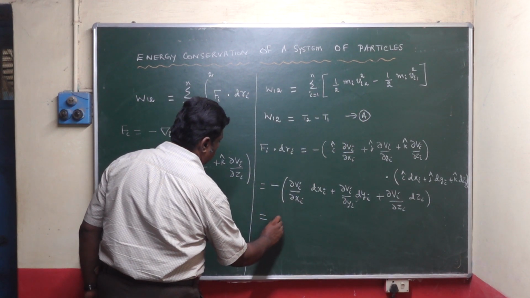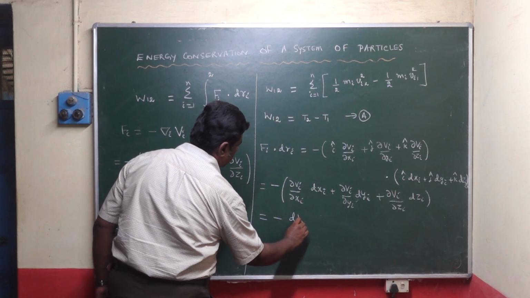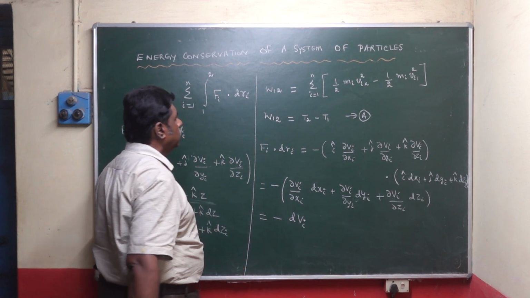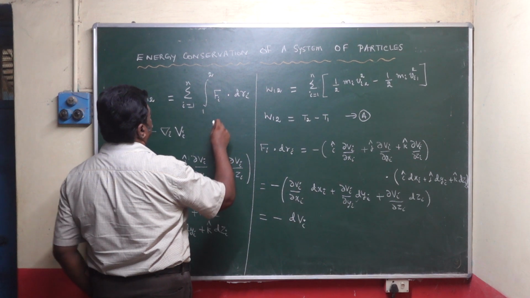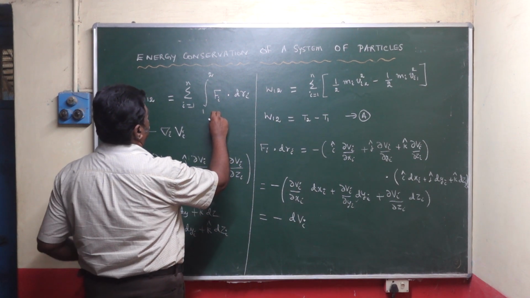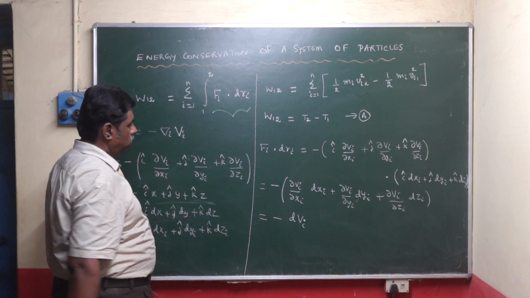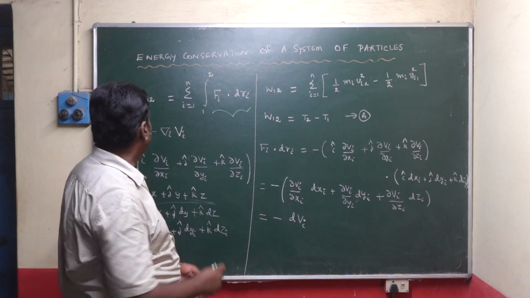This is equal to minus dVi. So instead of the term Fi · dri, we substitute minus dVi.